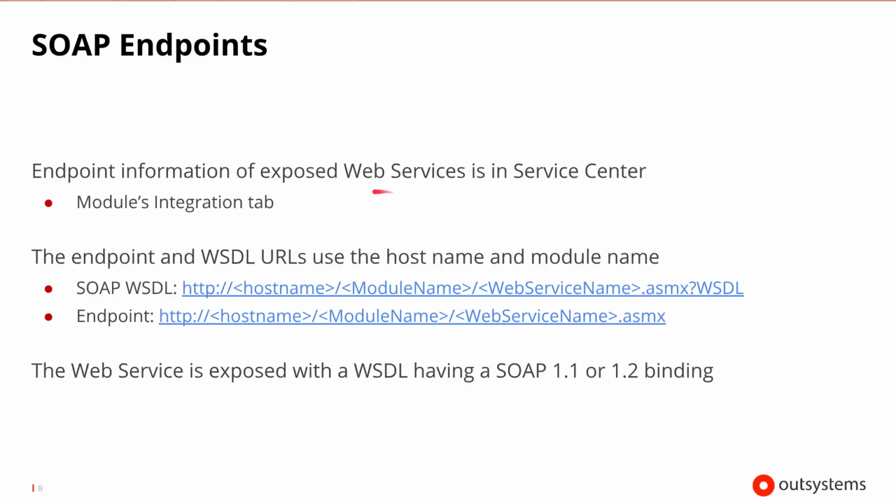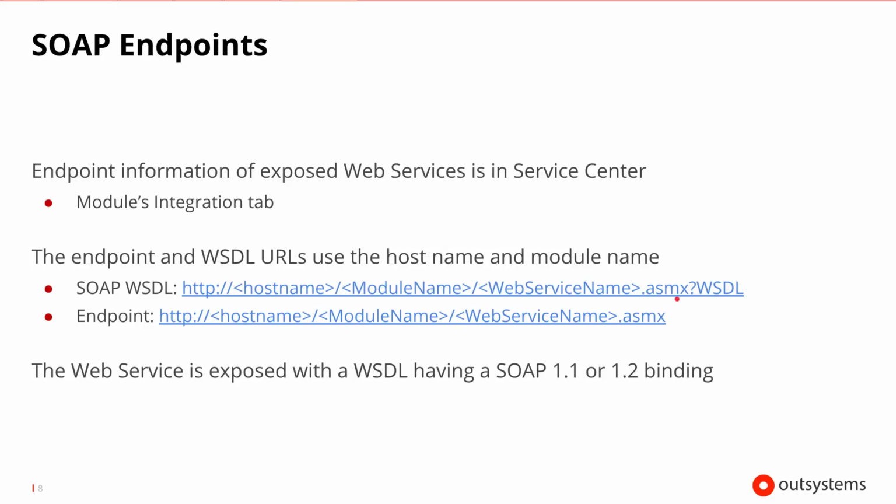So you could go look up its endpoint by looking in the Modules Integration tab, and then you would find where that is. You can also just think about it because it follows the same pattern, and that pattern is that the endpoint and WSDL URLs are the host name with the module name and the web service name. So here you can see the host name of our server, the module name that we were working inside of, the web service name inside that module, and when our web services get generated, they are .asmx files from the .NET code that got generated.